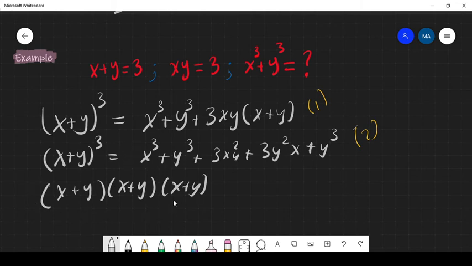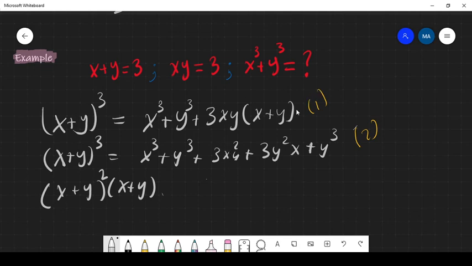So I'm not going to do this. You can even take a shortcut if you forget this formula and you remember the squared formula. It is x plus y squared multiplied by x plus y, okay? So same thing.